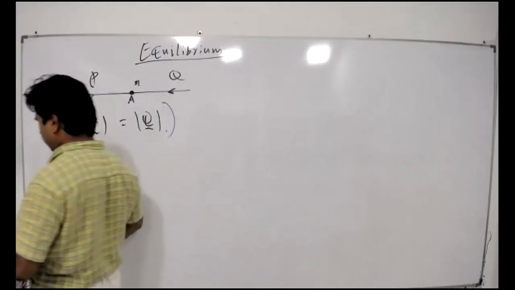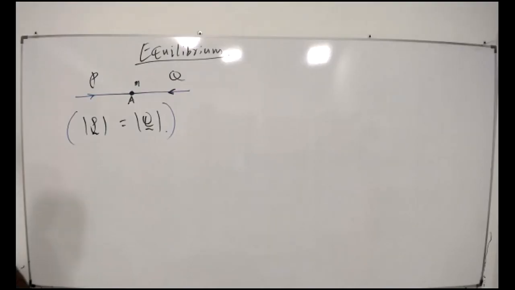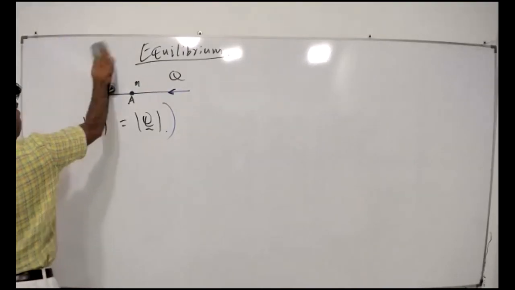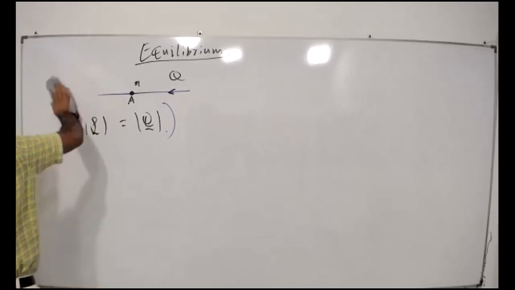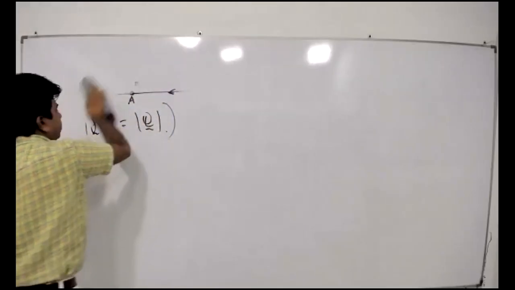The particle is in equilibrium if the magnitudes of the two forces are the same and opposite in direction.